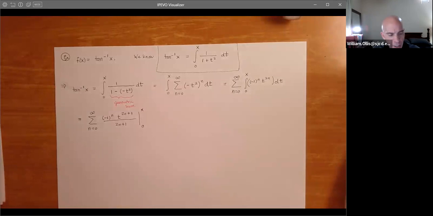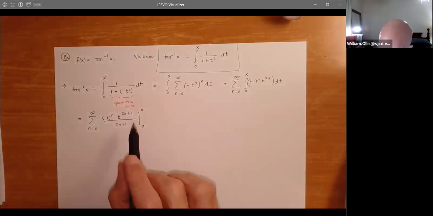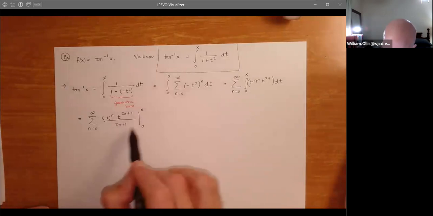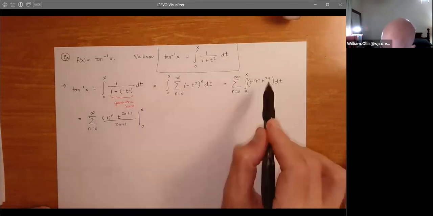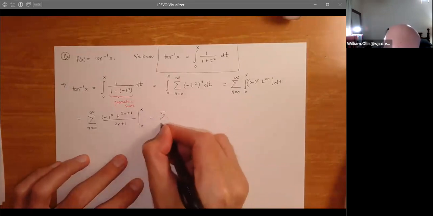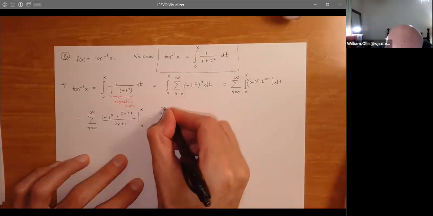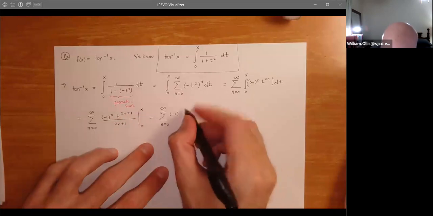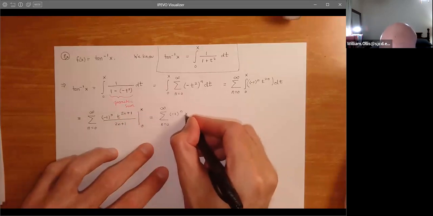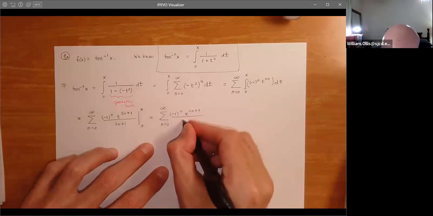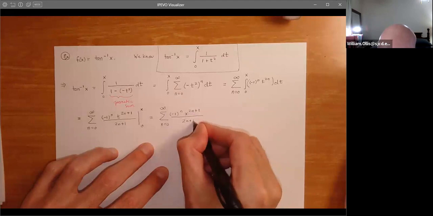So the key here, and this is what's extremely important when we think about this. Just like we had before, we can do the term by term inside the integral. Add 1, divide by the new power. Now evaluate, n equals 0 to infinity. So we have negative 1 to the n, replace t with x, x to the 2n plus 1 divided by 2n plus 1.